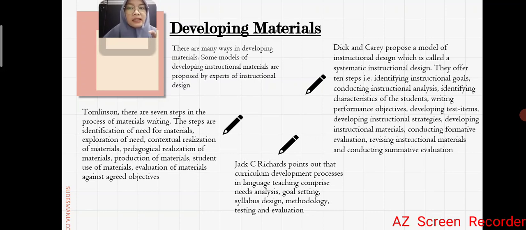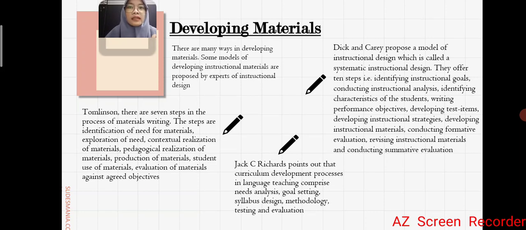In addition, Jack C. Richards points out that the curriculum development process in language teaching comprises needs analysis, goal setting, syllabus design, methodology, testing, and evaluation. Dick and Carey proposed a model of instructional design which is called systematic instructional design.